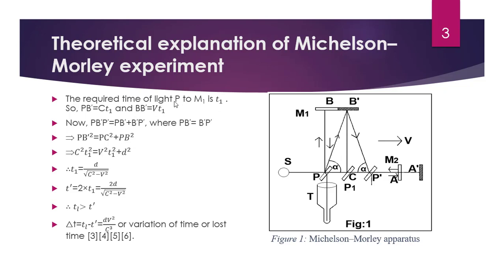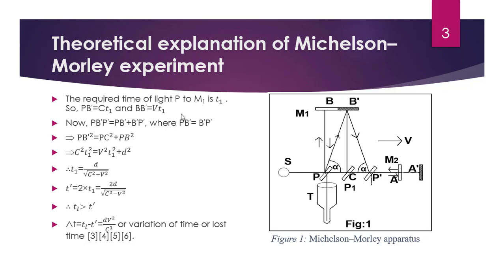The return time of light P to M1 is T1. And PB dash equals cT1. We know that c is the velocity of light, and that is represented by the distance.